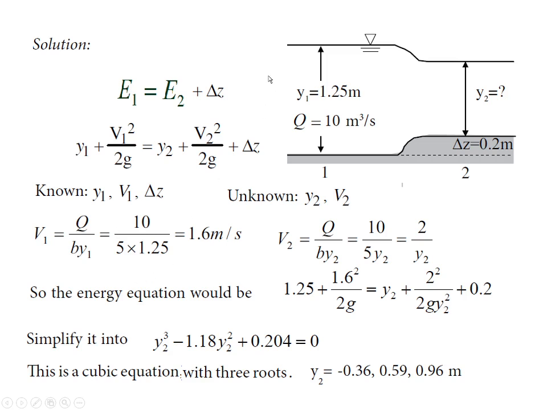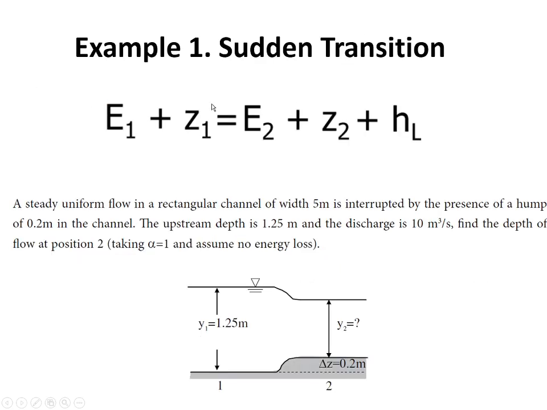We can use this version of the previous formula, which says E1 equals E2 plus delta Z. In fact, when we remove Z1 and HL, what remains is E1 equals E2 plus Z2. Z2 here is our delta Z, or the elevation of the bottom of the cross section at the second point.